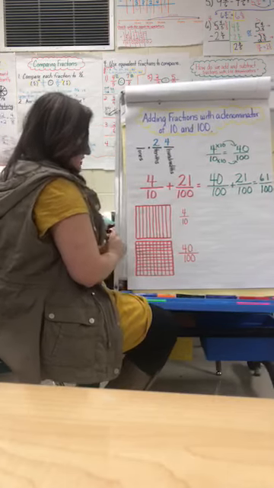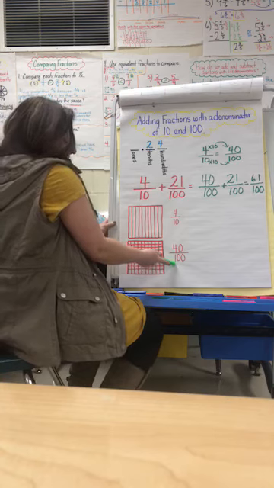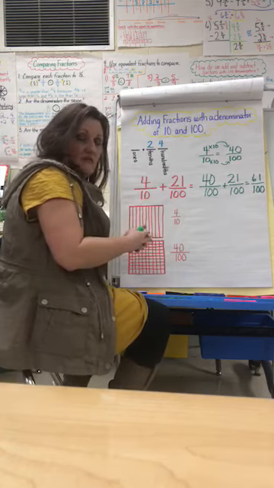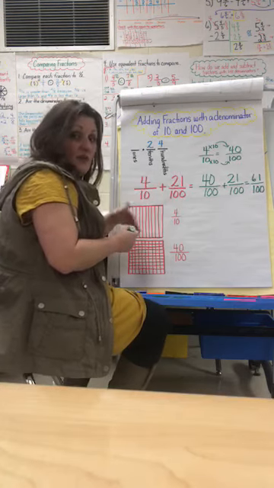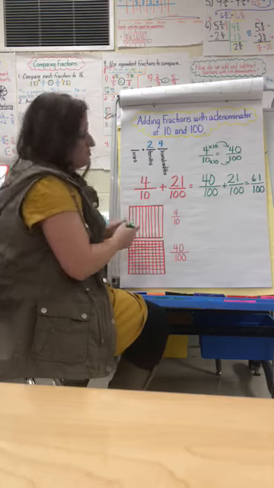They also have to model and show how they know that 4 tenths is the same amount as 40 hundredths. We don't want them to just understand it mathematically. We want them to be able to justify what they're saying with a model to basically prove what they're saying is true.